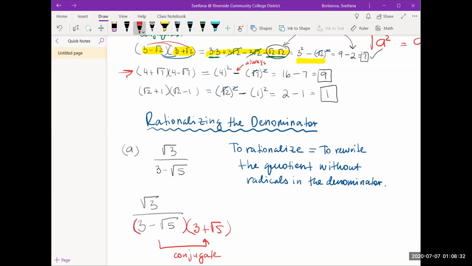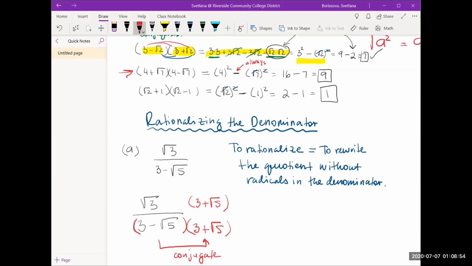When we multiply the denominator by something, creating an equivalent fraction, we also have to multiply the numerator by the same thing. Otherwise, the overall quantity changes. So we also have to multiply by 3 plus square root of 5 in the numerator.